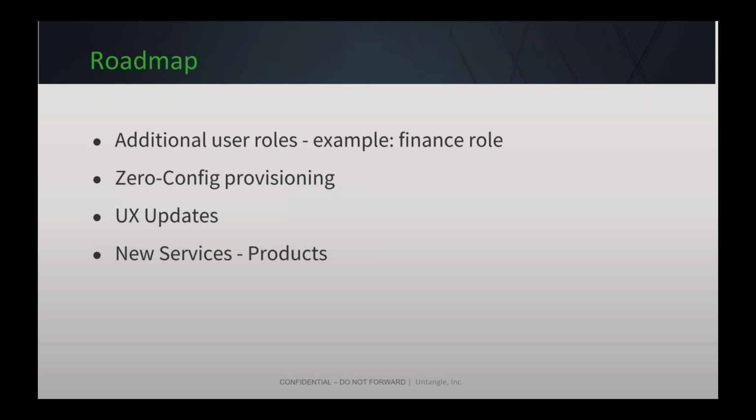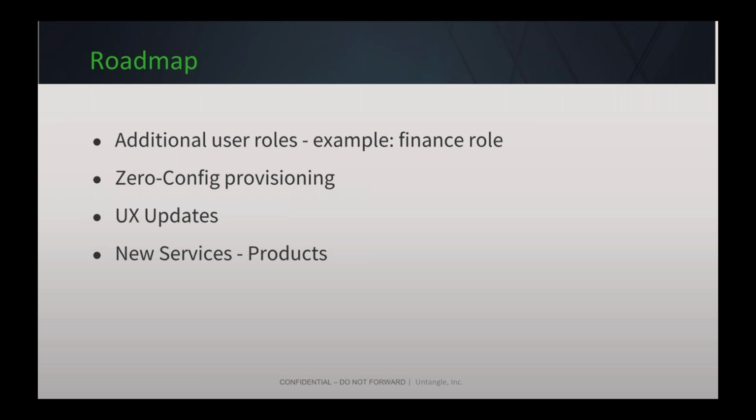We'll also be looking at potentially partner sales roles. So if you're a partner of Untangle and you have salespeople who need to interact with Untangle, we'll provide a role for that. We're also thinking about a finance role, so enabling somebody to manage that business relationship with Untangle, payment information, subscription information. And so those are some of the roles that we're thinking about and will likely appear over the course of the summer.